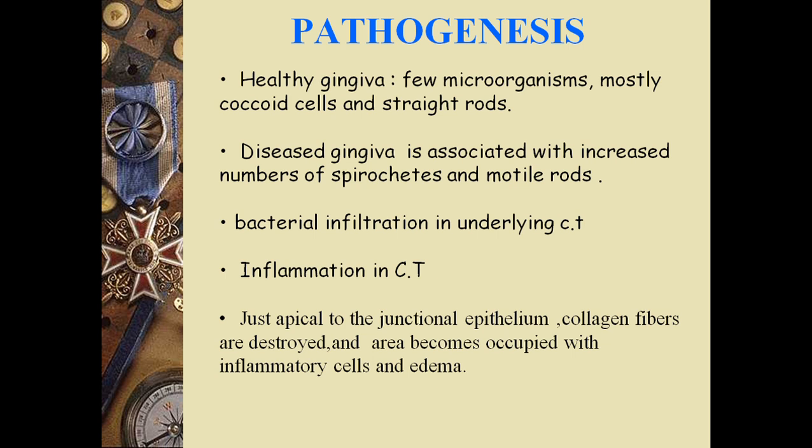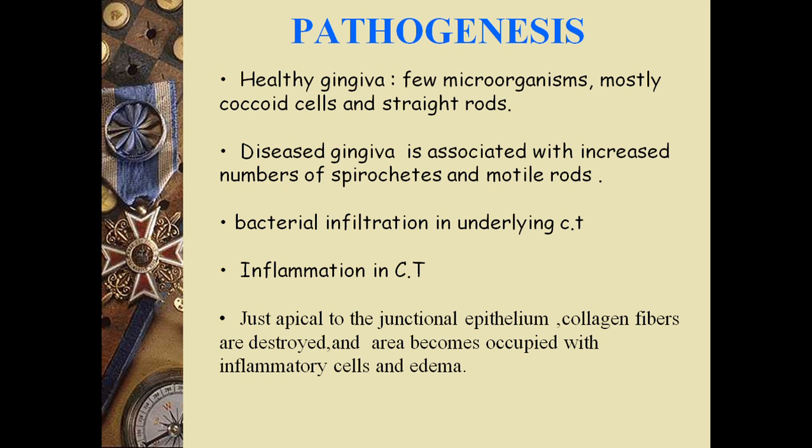But as the plaque matures, the number of gram-negative bacteria, spirochetes and motile rods all increase. Moreover, the bacteria infiltrate into underlying connective tissue. So inflammation will be there in underlying connective tissue. And just apical to junctional epithelium, collagen fibers are destroyed and the area becomes occupied with inflammatory cells and edema.